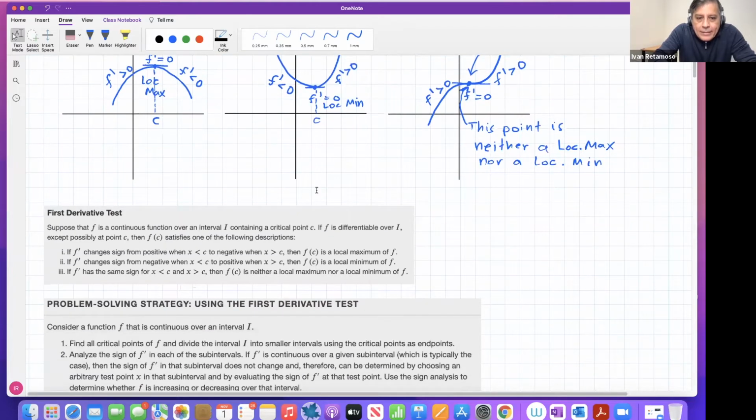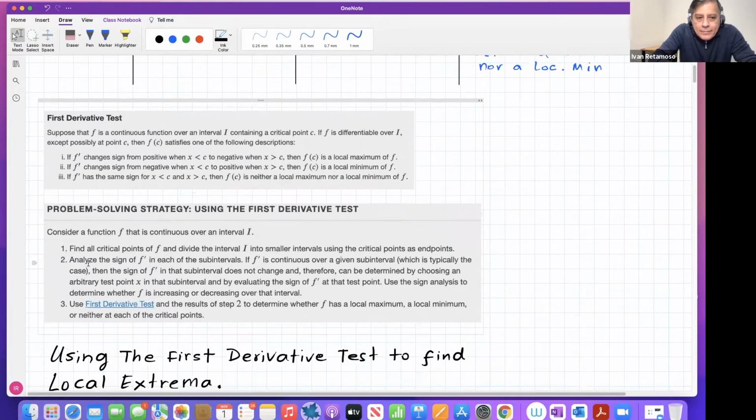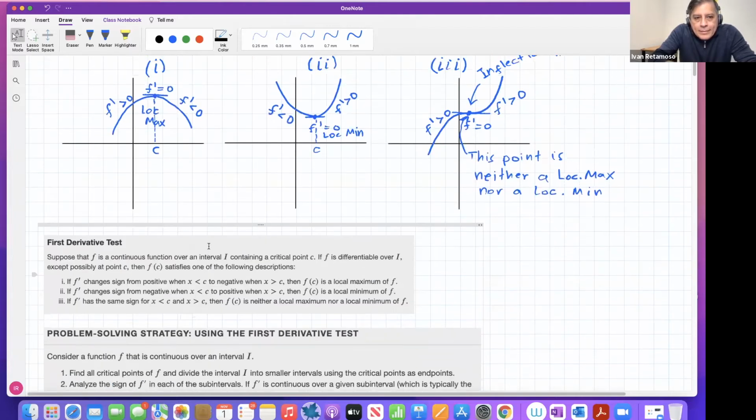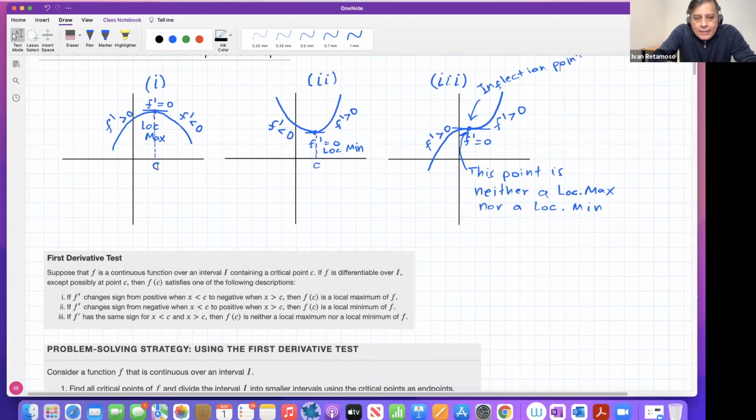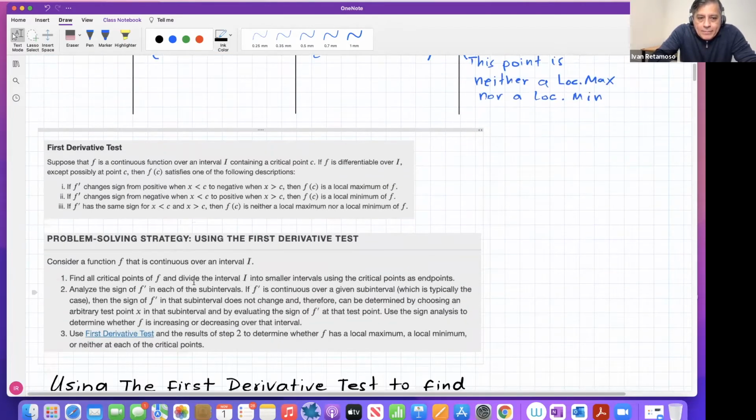All right, so now here in our textbook, they have summarized these ideas to give us a strategy to deal with when the function is increasing and decreasing, and if we're dealing with a local maximum or local minimum. Here are the steps, right?